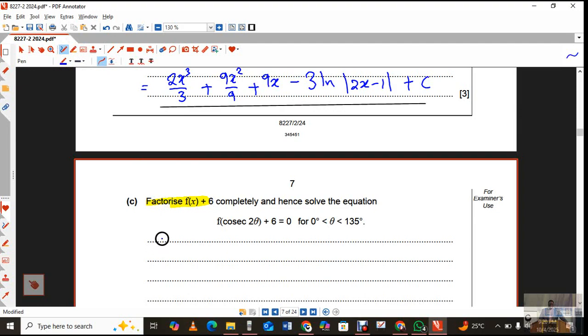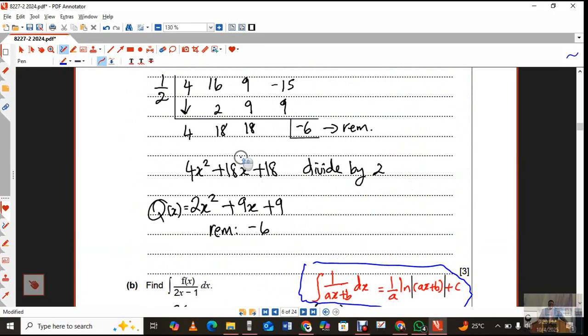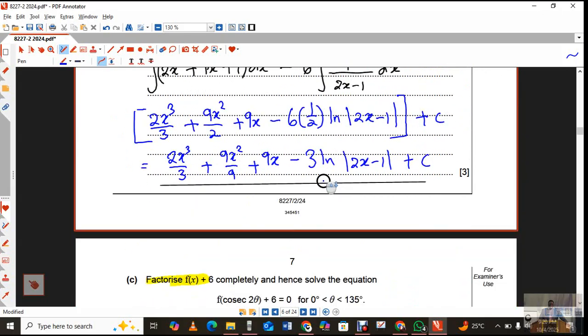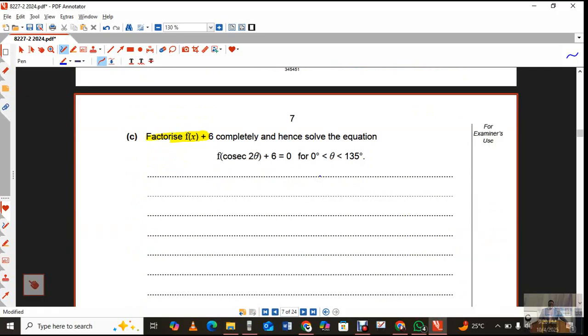So if there is no remainder left, then it means 2x minus 1 is a factor. When you divided it, it was all the way back here, it was 2x minus 1. Now, if you are adding 6, that means there's no remainder. So 2x minus 1 is now completely a factor, leaving no remainder.